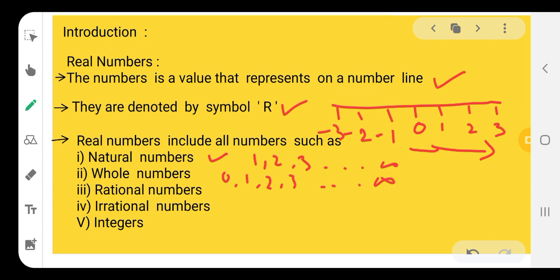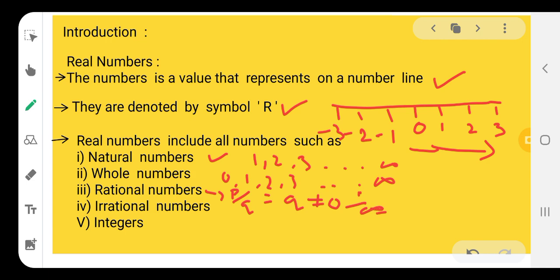Next, rational numbers. Rational numbers are the numbers which are in the form of p by q, where p may be any number, but q should not be equal to 0. We know that anything divided by 0 is not defined, right?